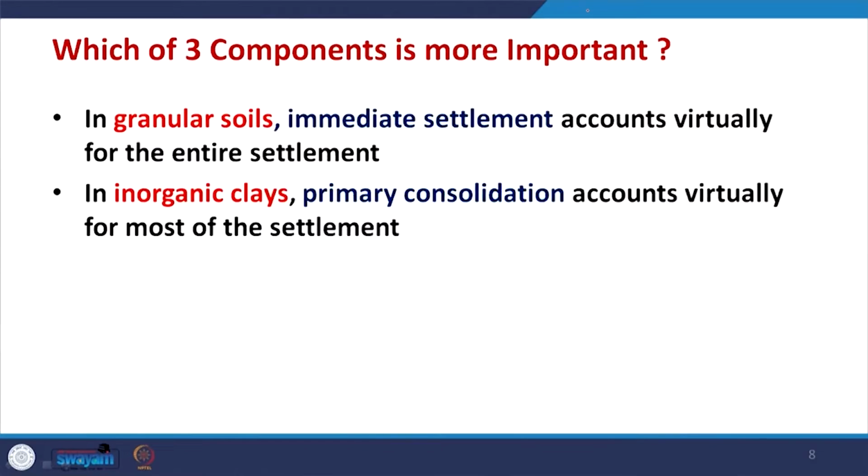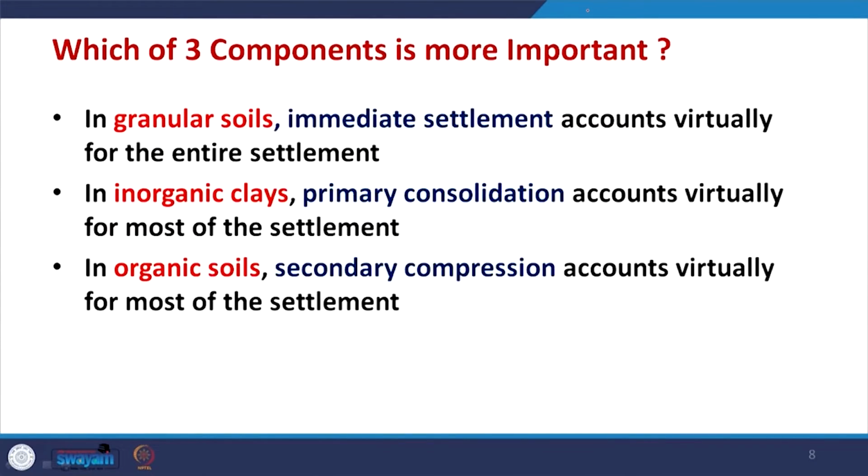Continue with that. Now, the issue is which of the 3 components is more important. The answer is not simple, rather it depends on the type of soil. When you have granular soils, the immediate settlement accounts for virtually the entire settlement, but when we talk about inorganic clays, it is primary consolidation which accounts for most of the settlement, while for organic soils secondary compression accounts for most of the settlement.